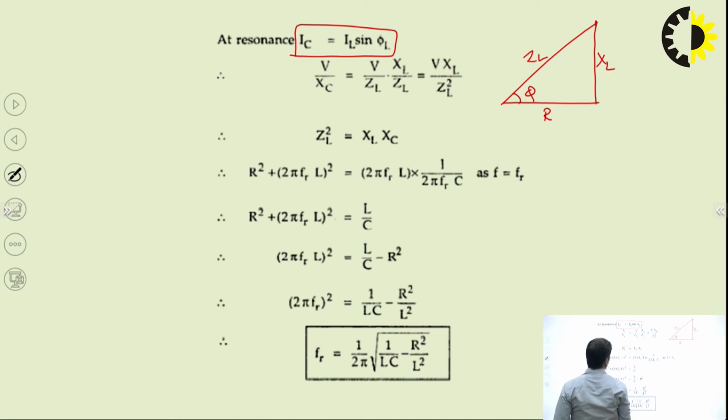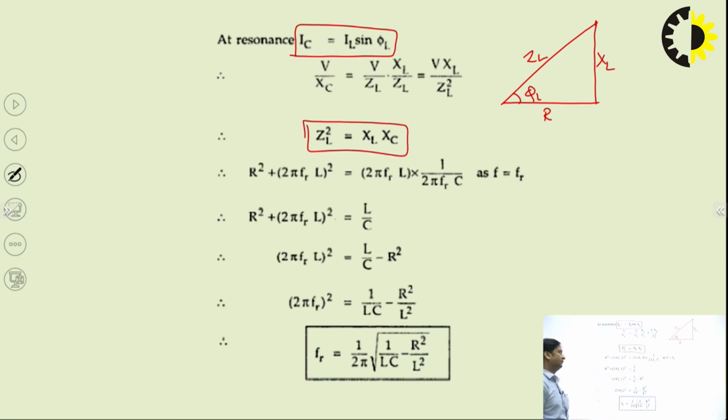So sin phi L is equal to XL upon ZL. It came from here, the impedance triangle. So XL upon ZL. So this comes V into XL upon this, and ultimately ZL is equal to XL times XC, which is equal to these terms.